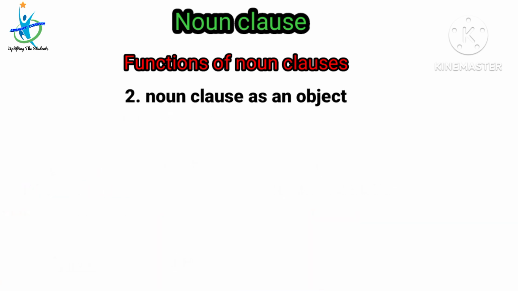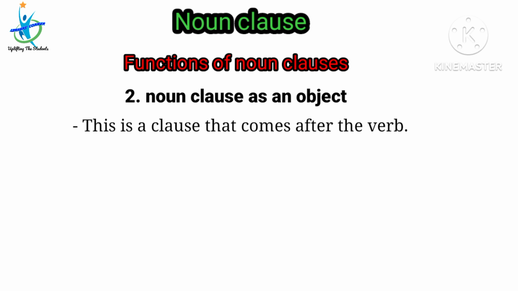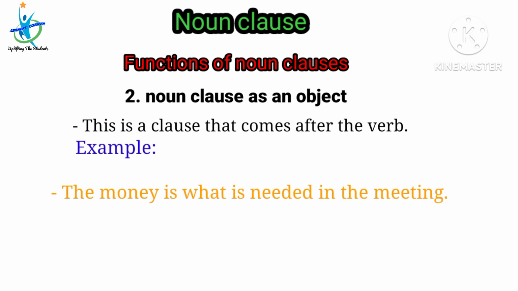A noun clause as an object is a clause that comes after the verb, and a noun or pronoun can also be used to replace the clause. Example: the money is what is needed in the meeting. The money is the subject, is is the verb. What is needed in the meeting is the object.